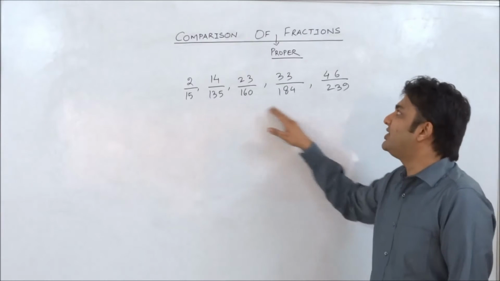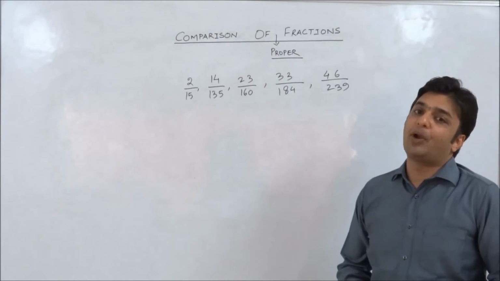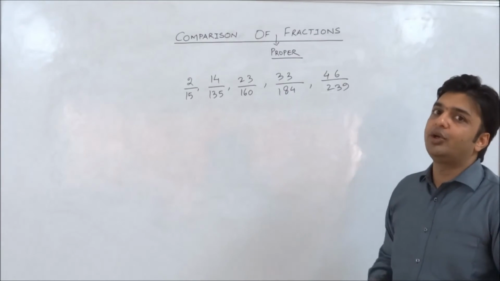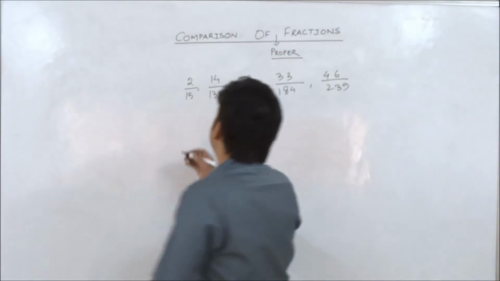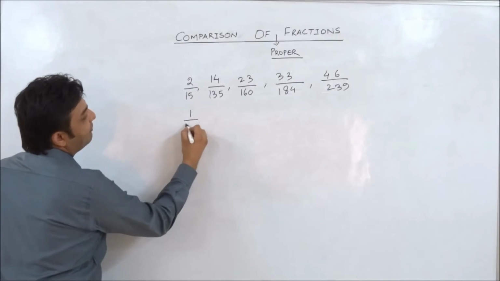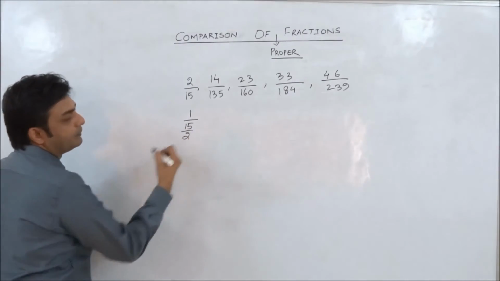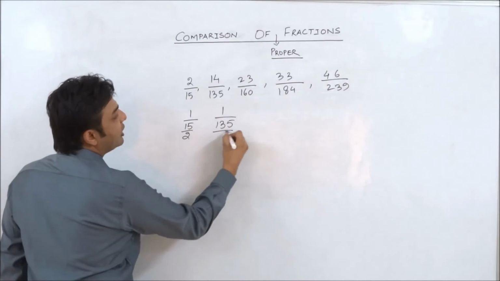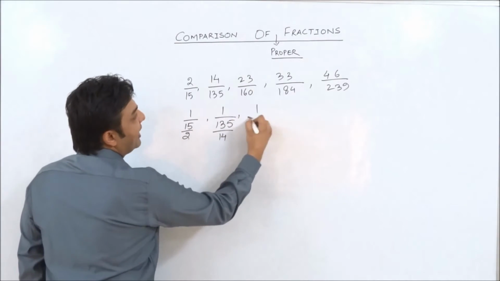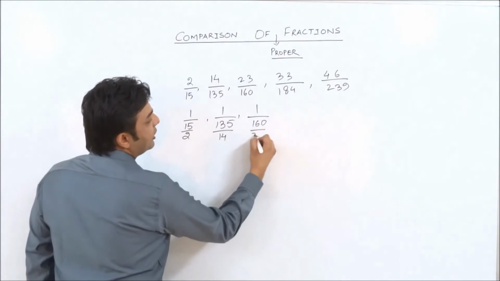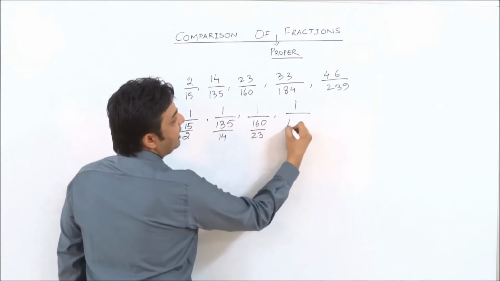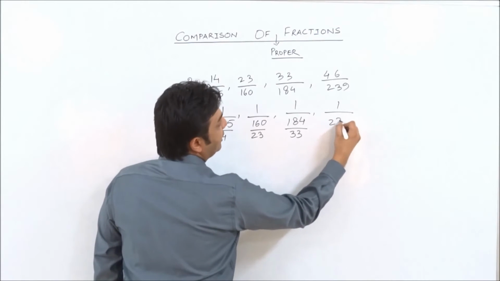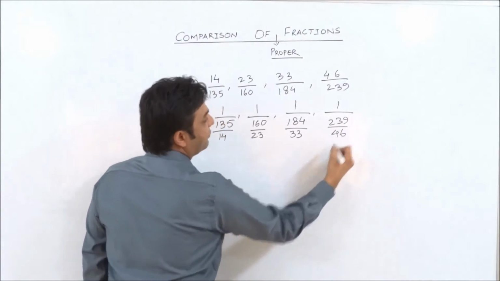So as you can see, all of them are already in proper fraction. So nothing can be done. What we can do is we need to take the reciprocal: this is same as 1 by 15 by 2. This is same as 1 by 135 by 14. This is same as 1 by 160 by 23, 1 by 184 by 33 and 1 by 239 by 46.